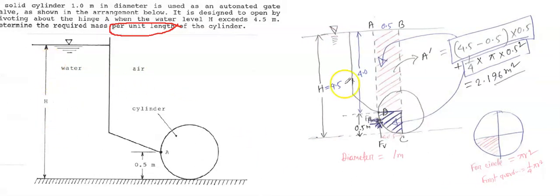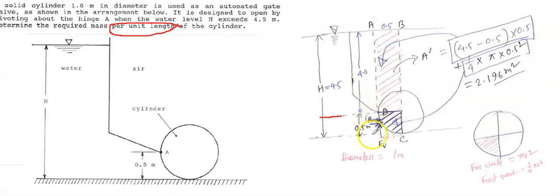This is the water surface, and the height from this pivot point A, you see this distance is 0.5 meter. The whole distance is 4.5 meter, and if this distance is only 0.5 meters, we can say this distance is 4 meter, right? This is simple.